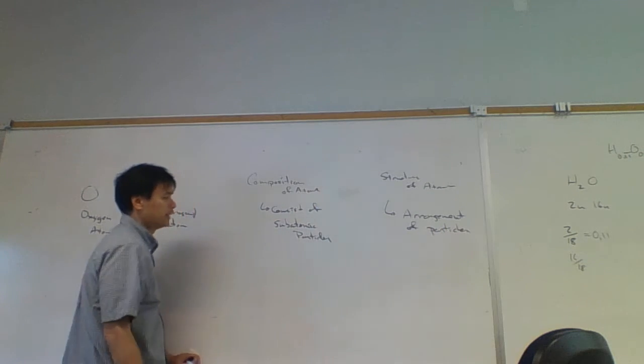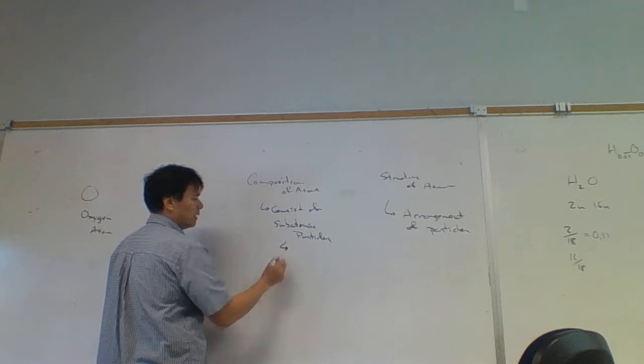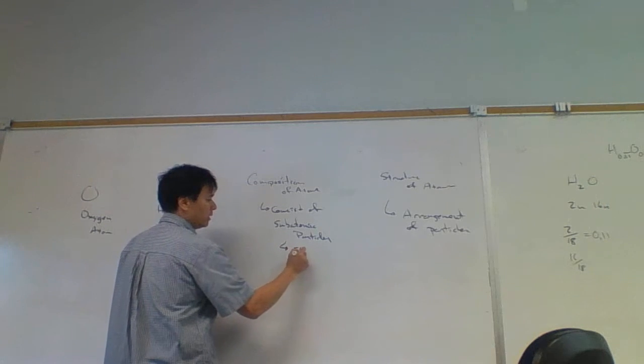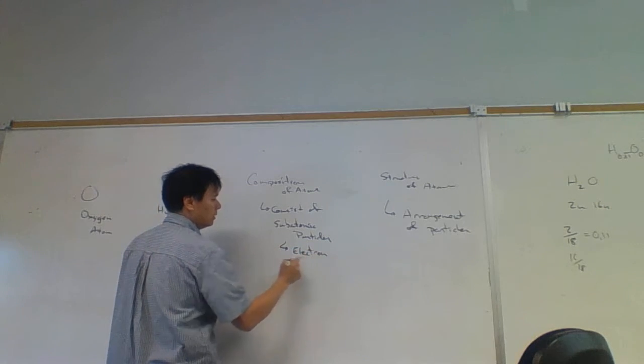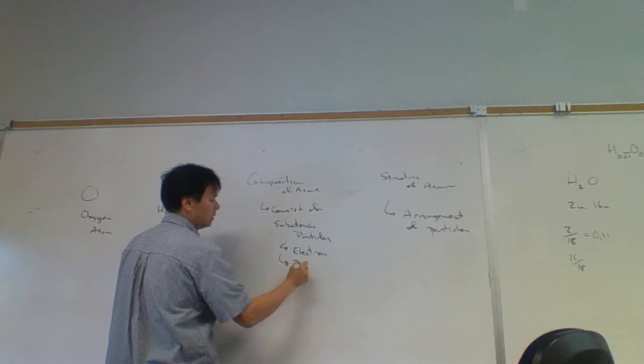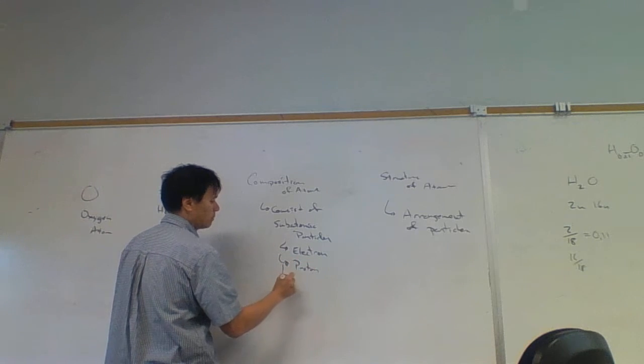The first thing is, what are the subatomic particles that make up the atom? Well, there are three. There's the electron, the proton, and the neutron.